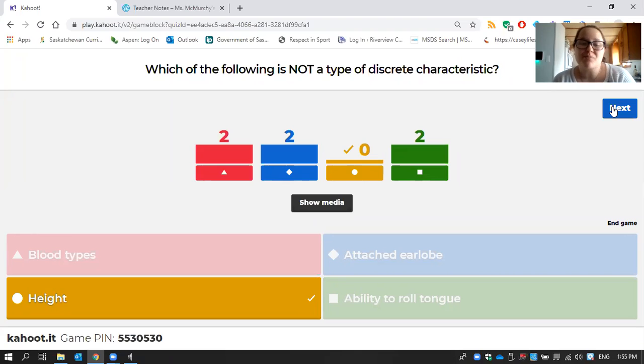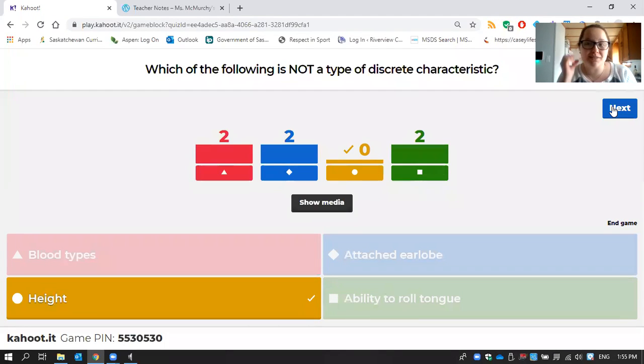But anyway, just to talk about one, blood types. There's only a set number of blood types. You have A, you have B, you have AB, and then you have type O, and then there's some positives and negatives in there, but there's only that certain set of blood types. You don't have a mixture of them, and you don't have an ongoing set that can go on forever. There's just a certain number of blood types, which makes that a discrete characteristic or a discrete variation.